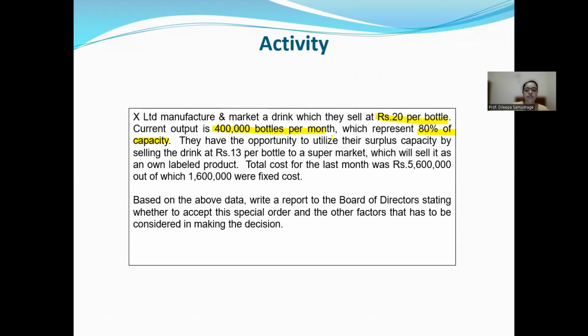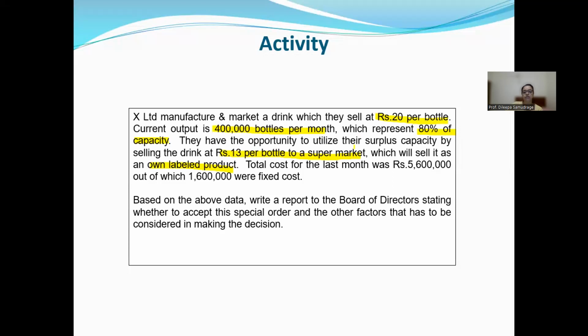They have the opportunity to utilize their surplus capacity by selling the drink at 13 rupees per bottle to a supermarket, which will sell it as an own label product. Under normal conditions you sell your bottle at 20 rupees, but under the special offer you get only 13 rupees per bottle.